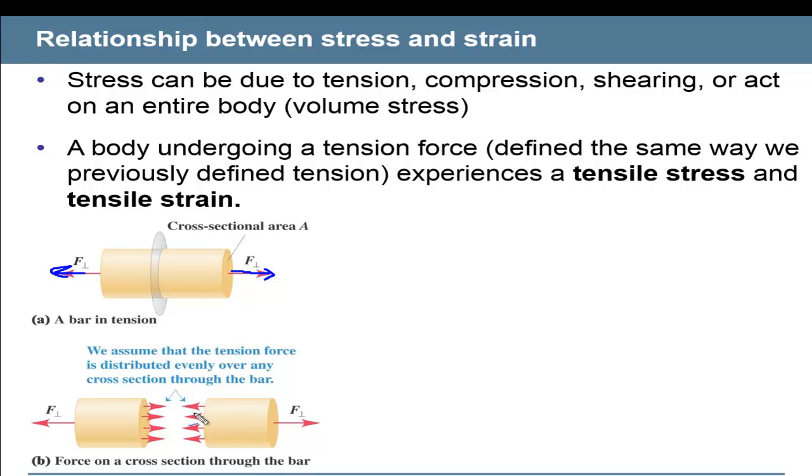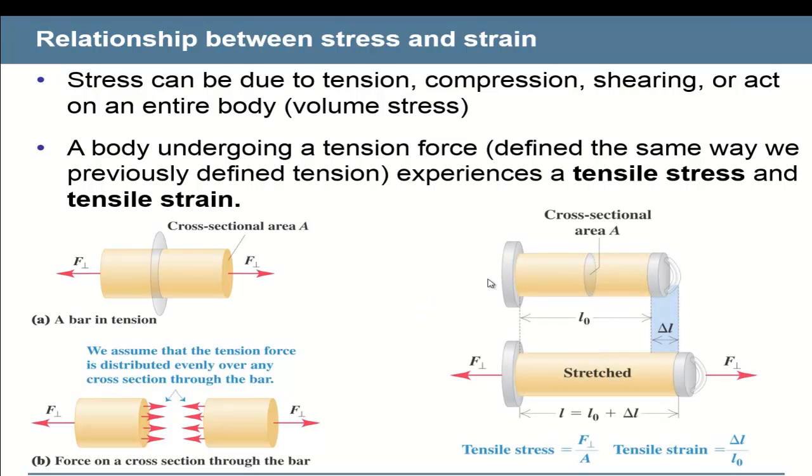And if we were to cut the bar in half, we could see all these other little forces, and we'll assume that they're evenly distributed. So there's many little forces here distributed over the entire area. This would be a tensile stress because it's trying to be pulled apart. If we then talk about the tensile strain, well, tensile strain should be how that tensile stress affects the object, right?